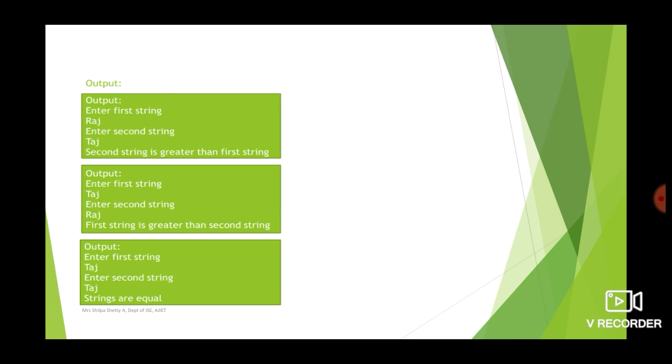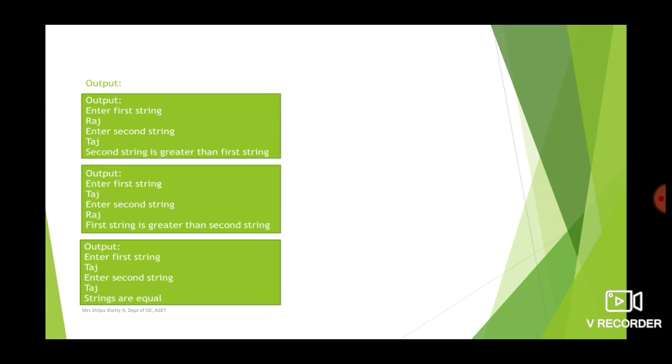So we have the sample outputs here. This is the same as the previous one. In the first case, there is a mismatch at the first instance itself, so i will not get incremented, and i will be 0 here. str1 of 0 is r, and str2 of 0 is t.